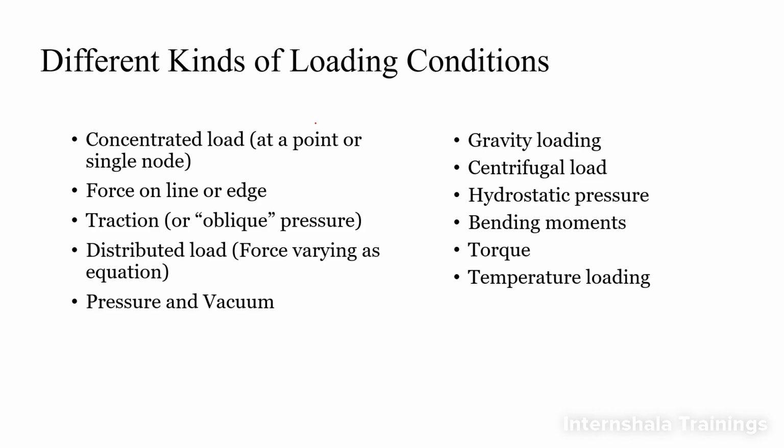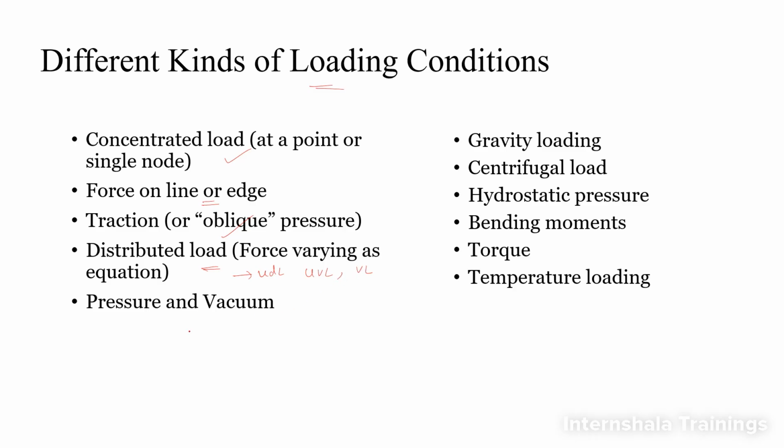Now, there are different types of loading conditions. Let us say concentrated load, that is point load, then a force load on a line or an edge, then pressure, which is nothing but application of force over an area, and this is somewhat equivalent to the distributed load. Even in the distributed loads there are different types, like uniformly distributed load, uniformly varying load, and varying load, and other types.